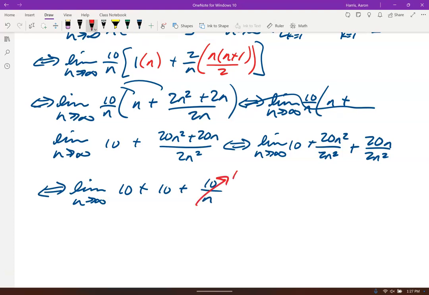And notice that will go to 0. So we got 10 plus 10 plus 0.